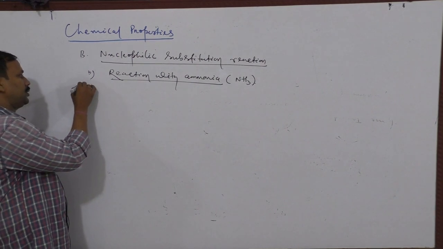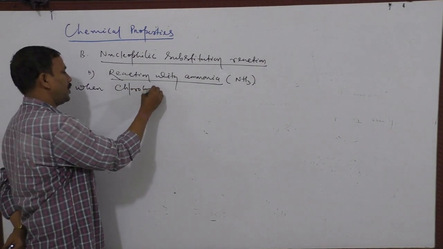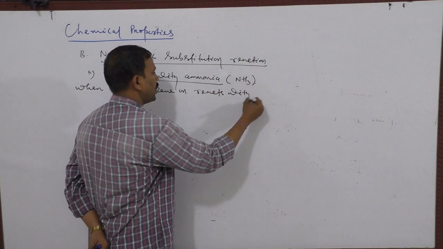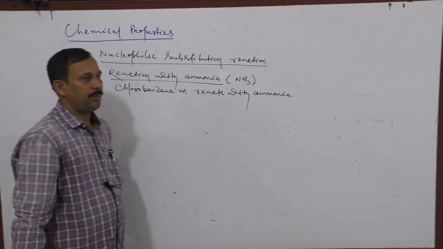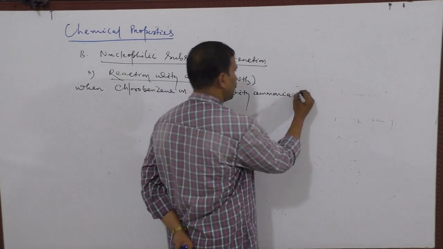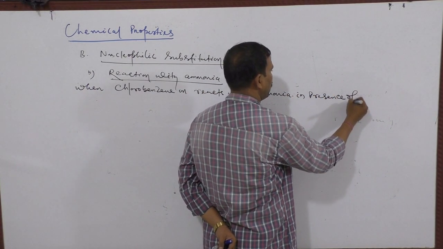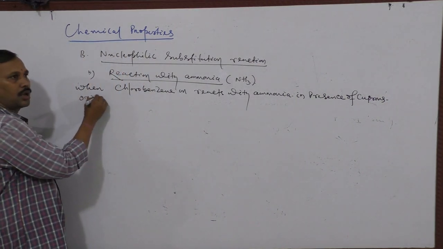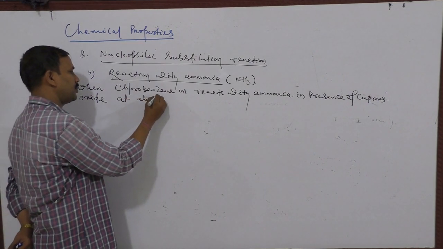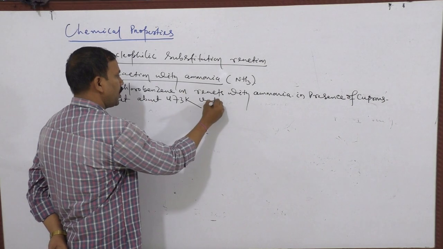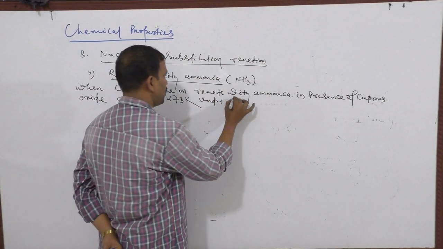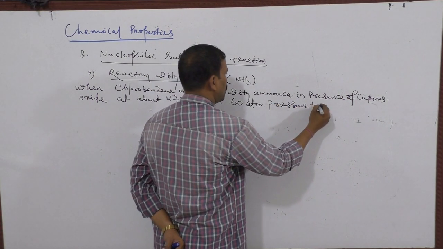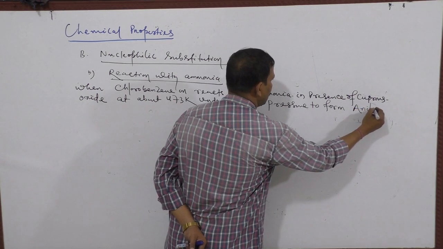When chlorobenzene reacts with ammonia in presence of cuprous oxide at about 473 Kelvin under 60 atmospheric pressure, it forms aniline.